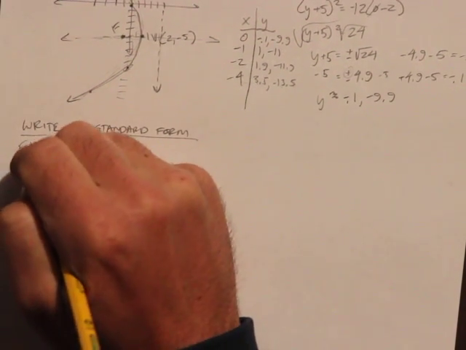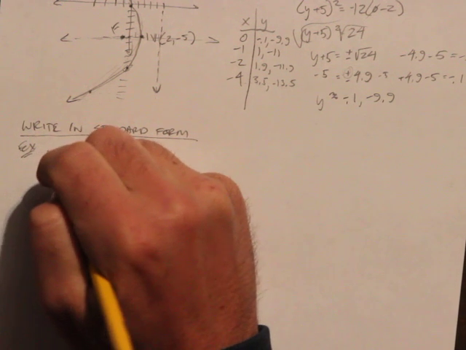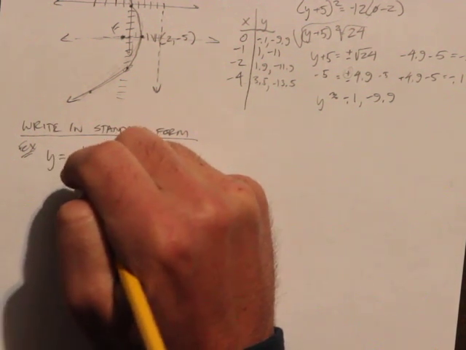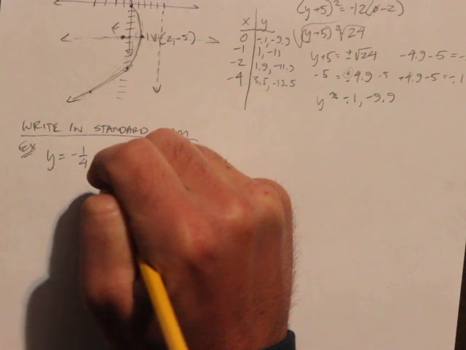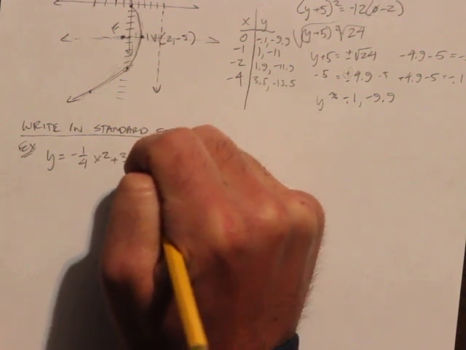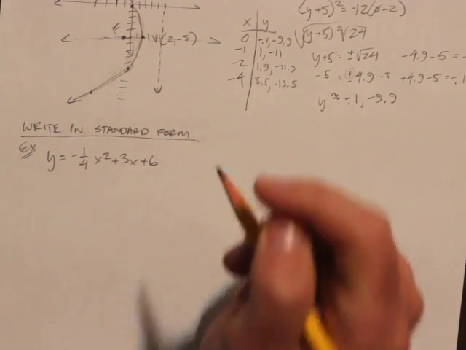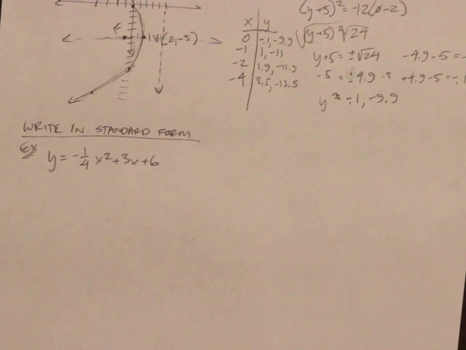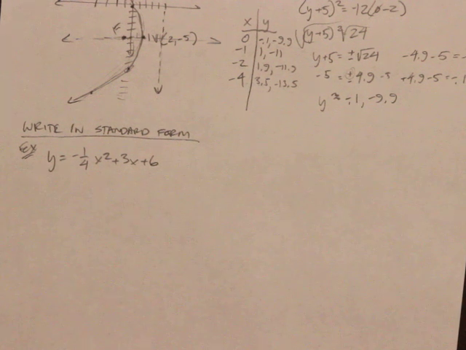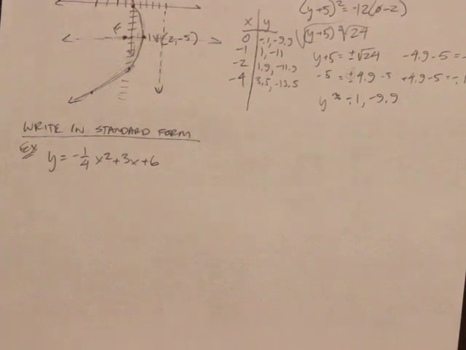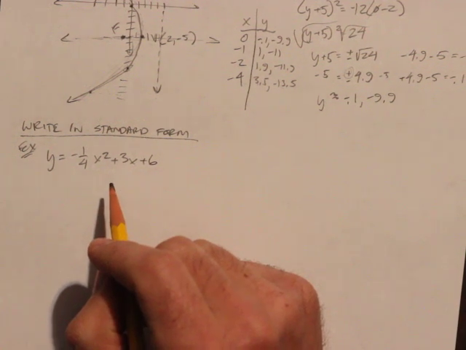Here's an example: y equals negative 1/4 x squared plus 3x plus 6. Here's where we hopefully remember a bit about completing the square. And so here's how this works.